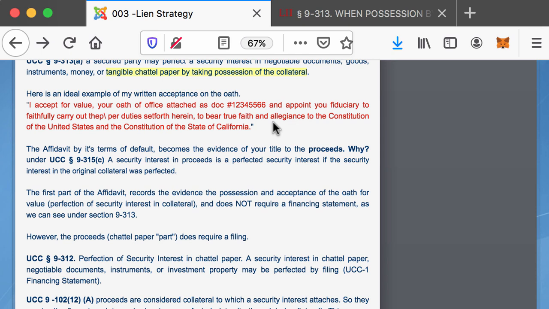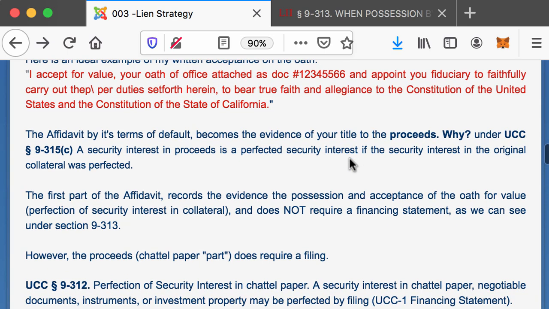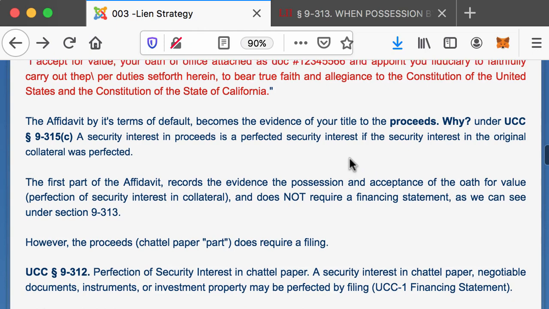So I'm going to try to explain this concept. I want you to wrap your head around this, because I think if you can understand this relationship to the proceeds, the slight difference between proceeds and collateral. Because when you look up proceeds, you're going to see that they are also collateral. But what I'm trying to show you is our process is for attachment and enforceability in the proceeds.